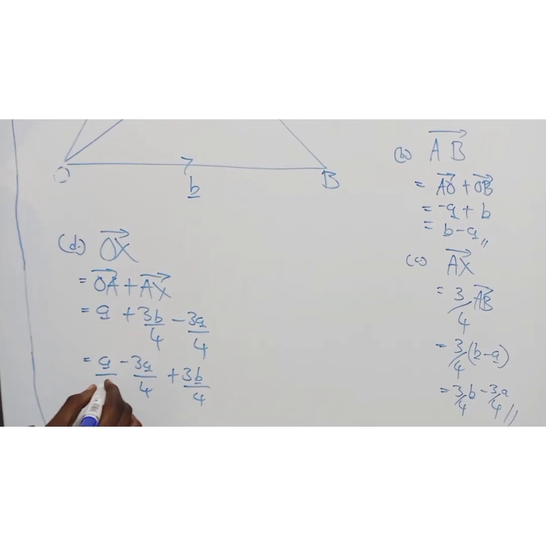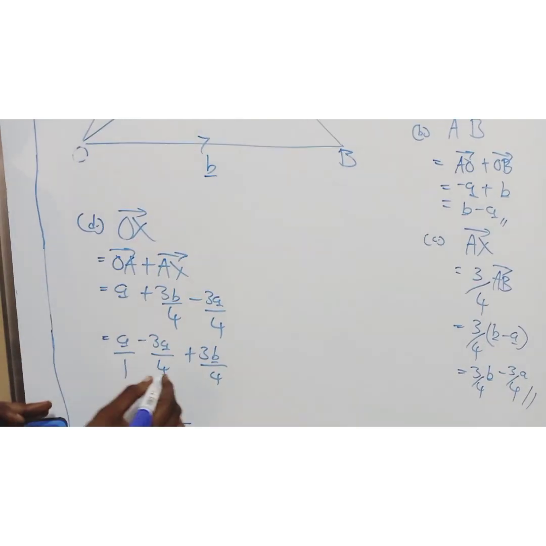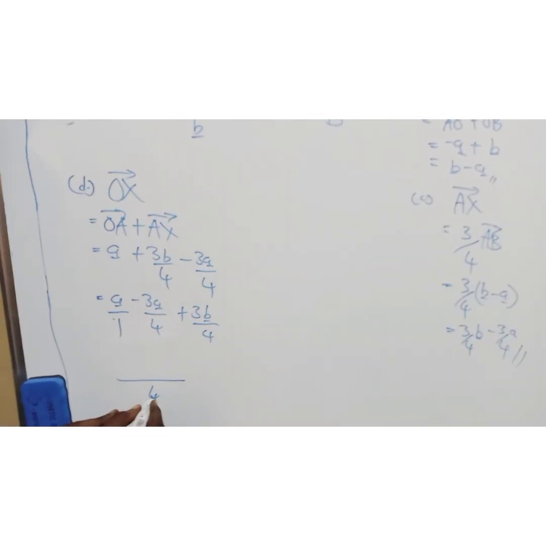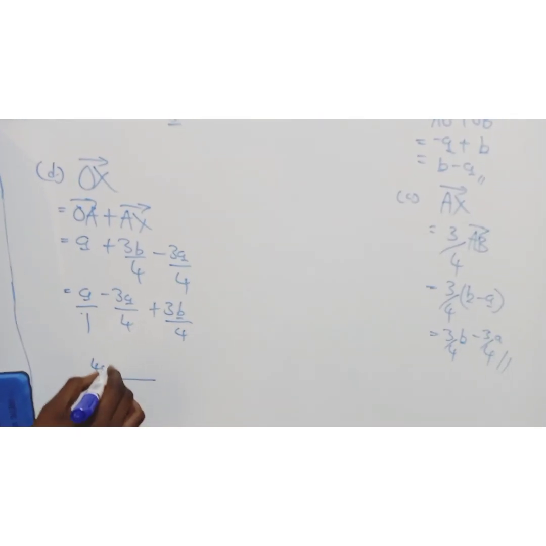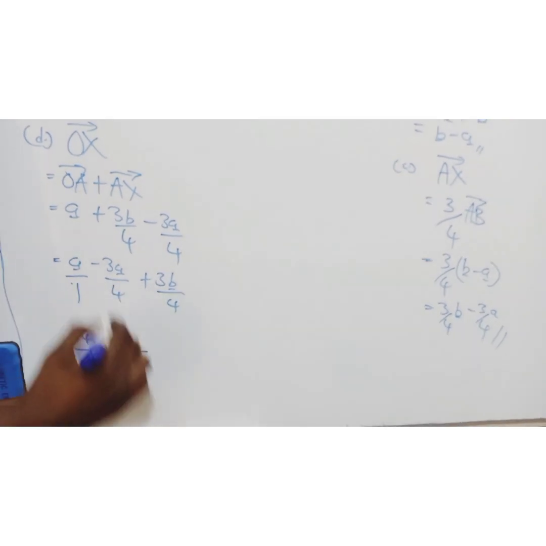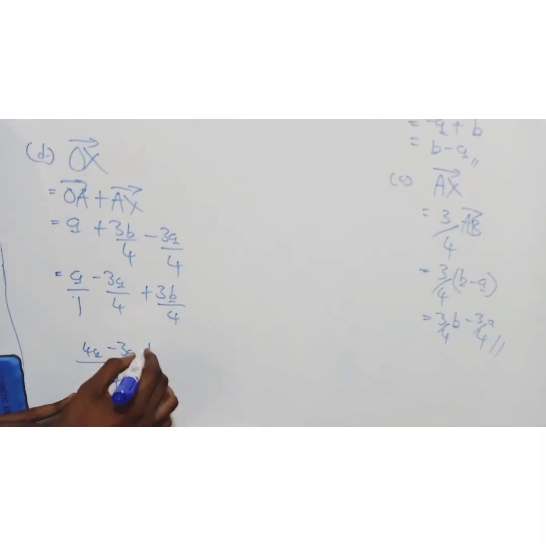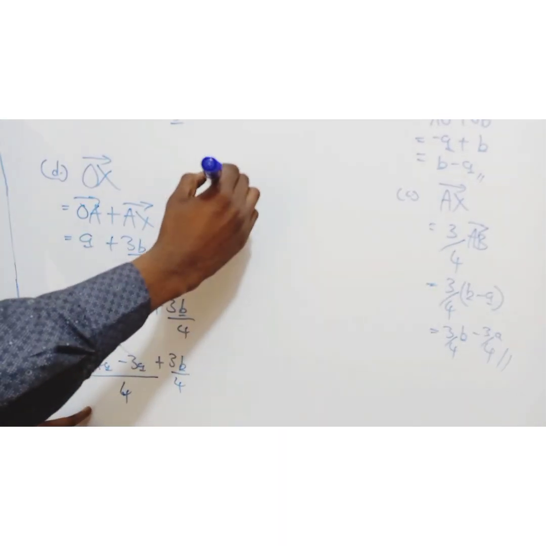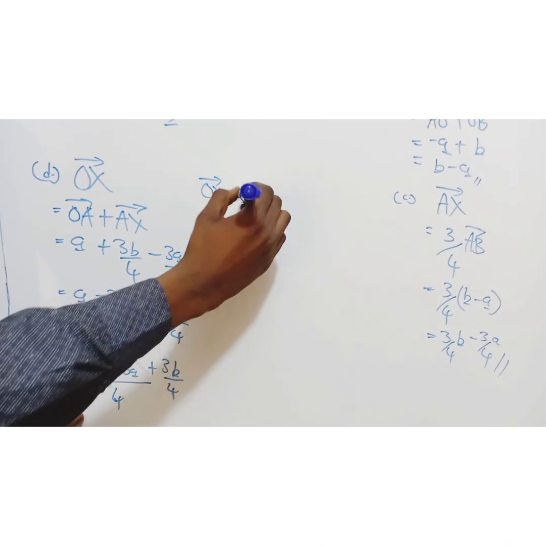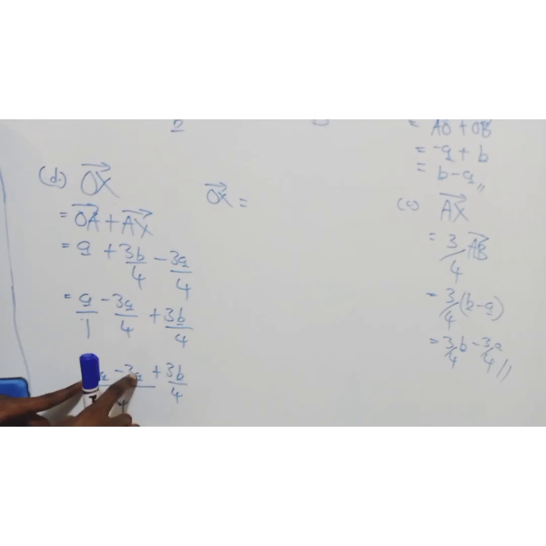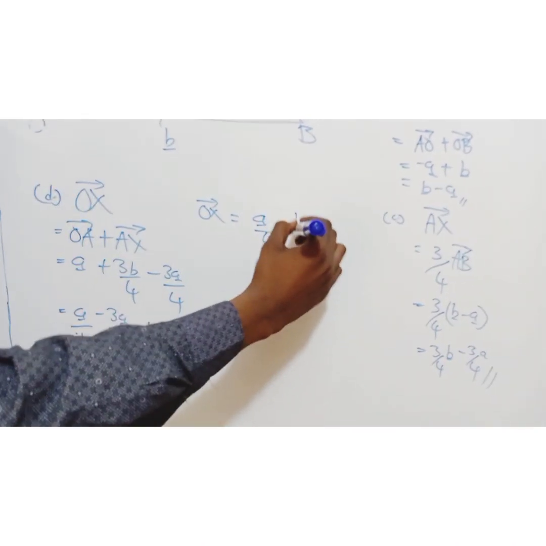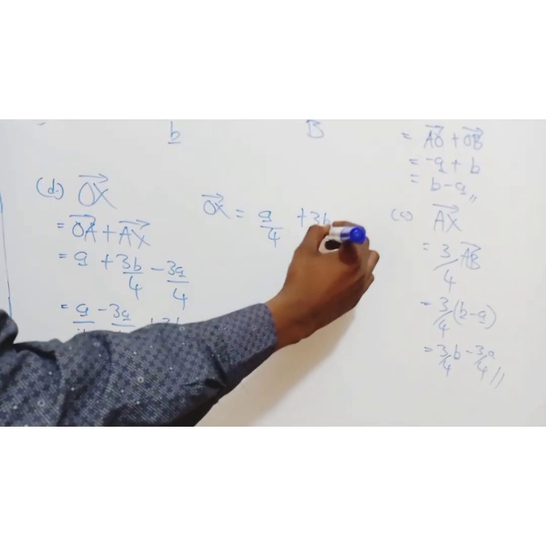This is a fraction. Introduce a 1. What's common? This will give us 4. 1 into 4, 4 times A, 4A. Minus 4 into 4, 1, 1 times that is 3A. So plus 3B over 4. So therefore OX will be 4A minus 3A is A over 4 plus 3B over 4.